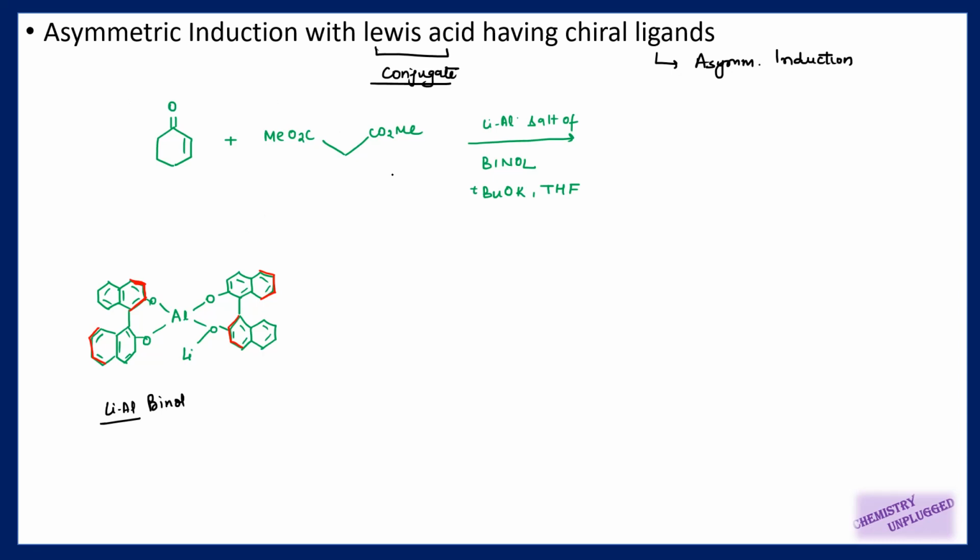But the next question is whether the enolate generated from this 1,3-dicarbonyl compound will attack directly on this carbon, or will show conjugate addition. So when we have lithium aluminium salt, it will show conjugate addition, right? In this reaction we will get this product with greater than 99% enantiomeric excess.